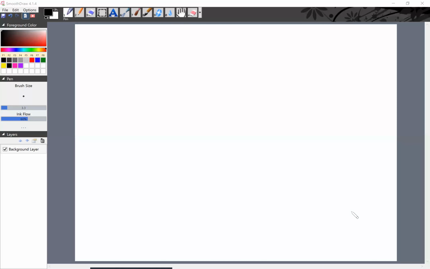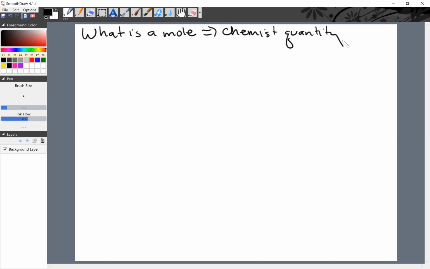And so, just in case we're not all on the same page, or if you haven't covered it yet, what is a mole? A mole is a quantity. That's all it is. It's a chemist quantity that is equal to the number of things compared, and for us, it's carbon 12, and it's 12 grams of it.